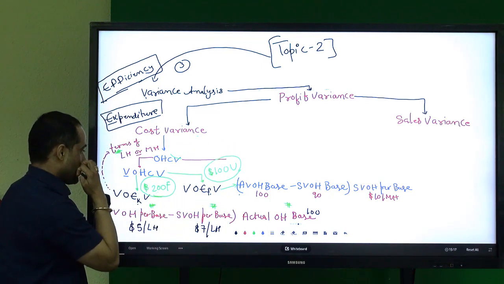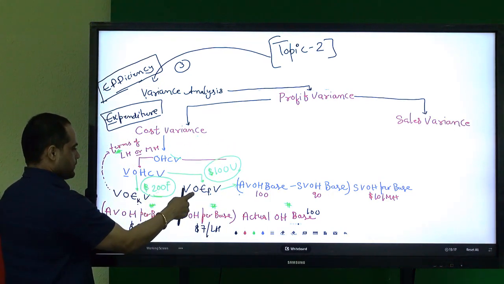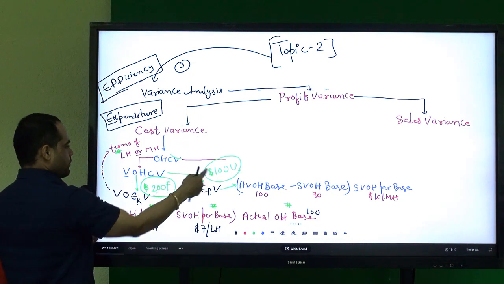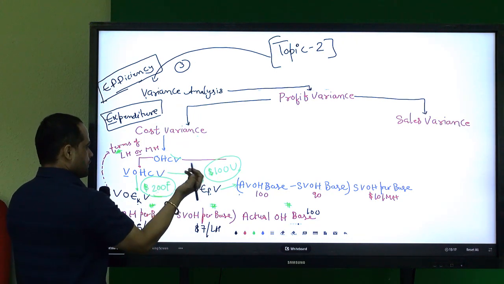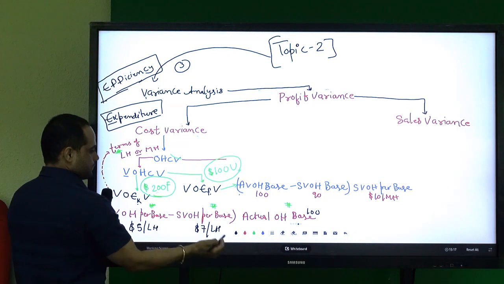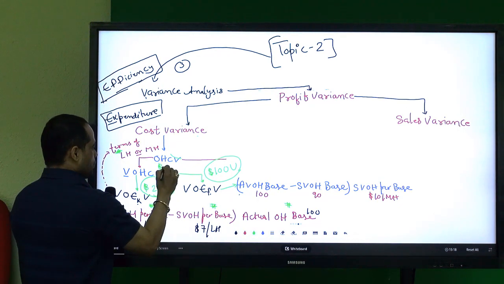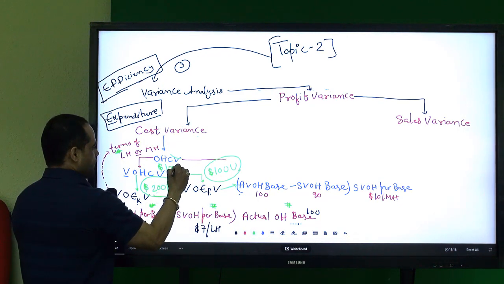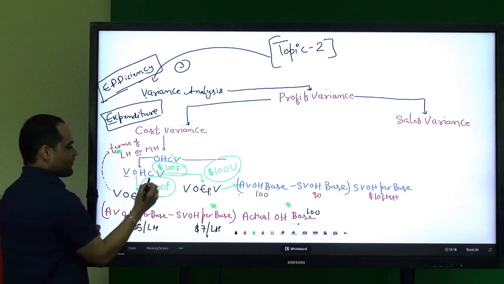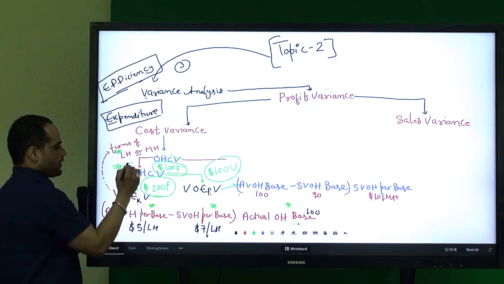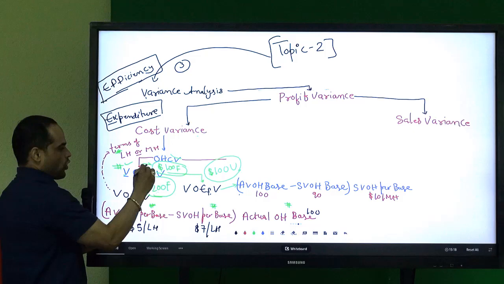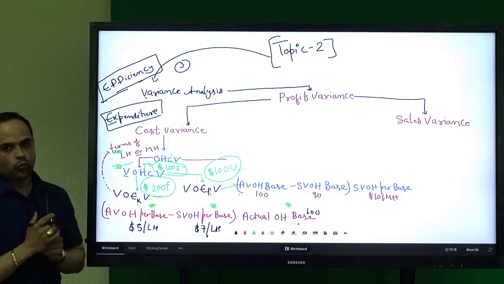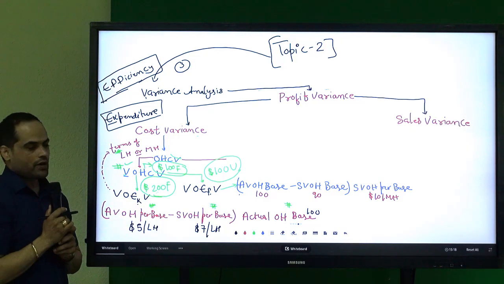So 200 F and 100 U give 100 F. 100 F is my variable overhead cost variance, right?